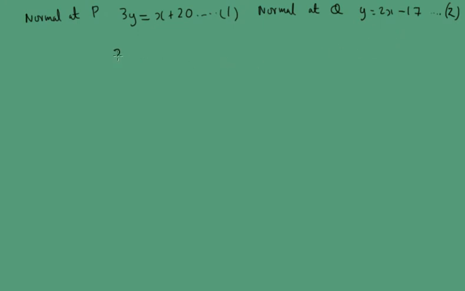Now I'm going to get a new sheet up. So we had the normal at P, 3y = x + 20, and the normal at Q as y = 2x - 17. We're going to call this equation 1 and this equation 2, because we wanted to find point R, where these two lines intersect.